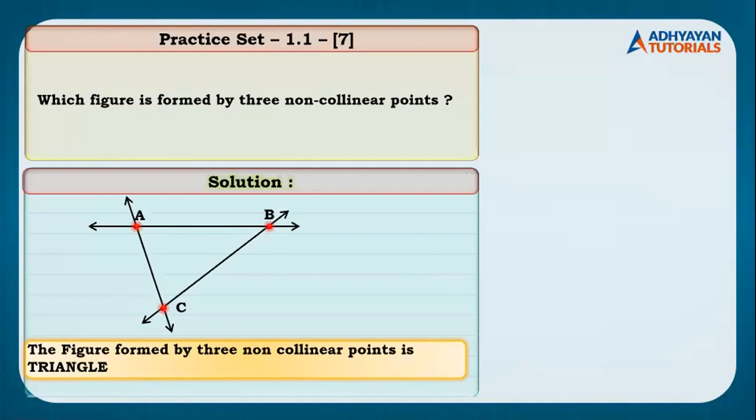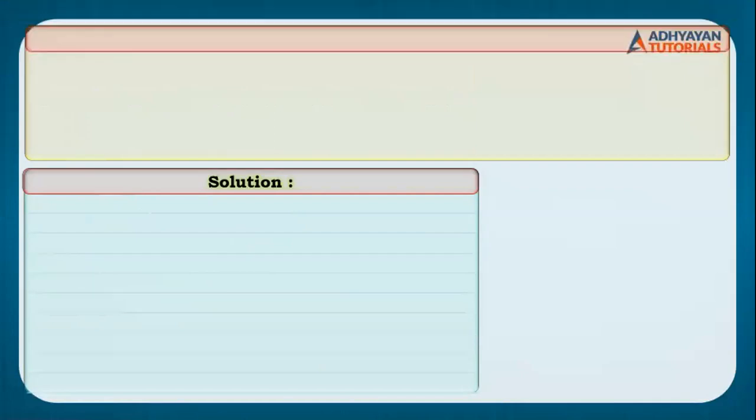Finished copying? So we move on to the next sum, children. And I'll tell you one thing. This is the last sum for this lecture, which would take 8 to 10 minutes for us to solve. So let us understand this sum.